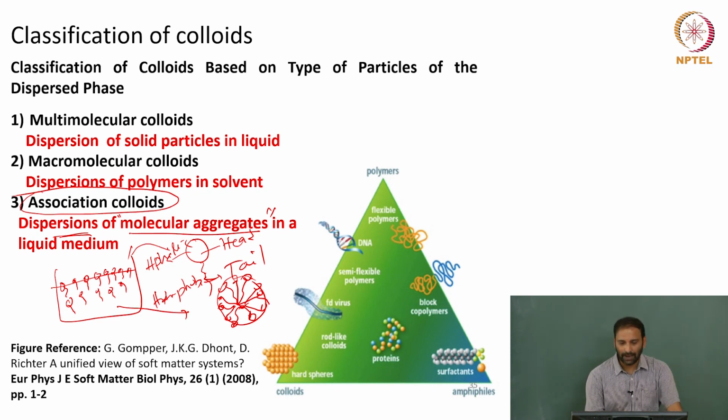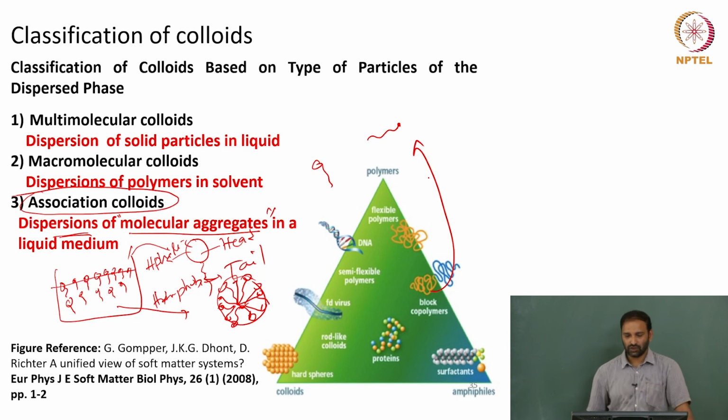That could happen if you're working with surfactants. It could happen if you're working with, as I said, block polymers and things like that. A lot of amphiphilic molecules, when you put them in water or any other fluid, form molecular aggregates, which are examples of association colloids.